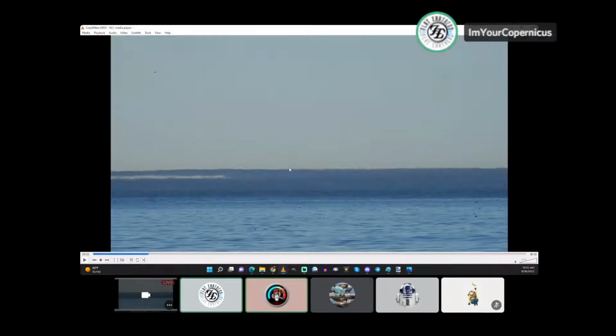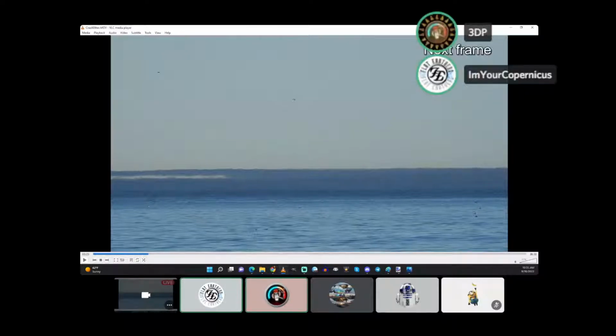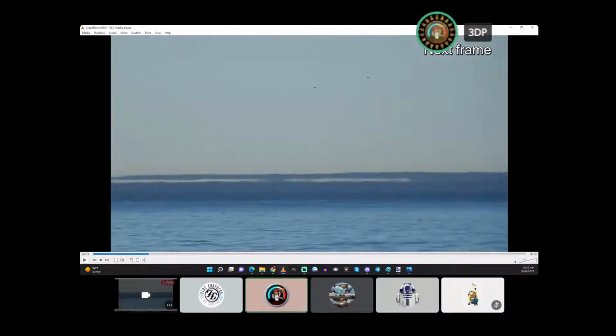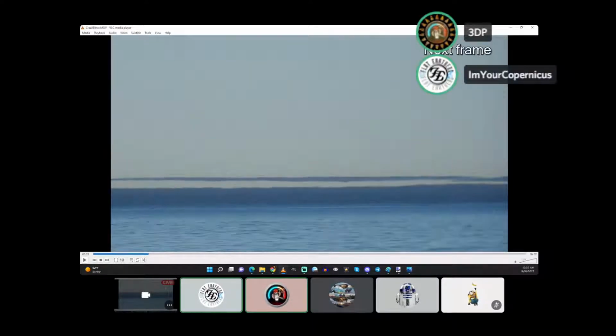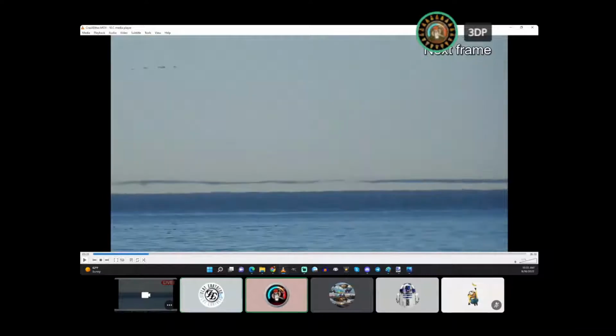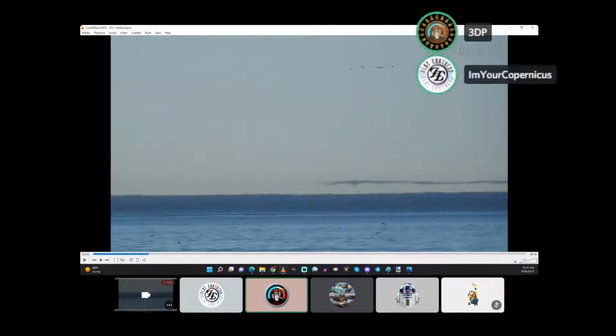Here's the new horizon. Okay, let's see if I can go through frame by frame a little bit. See how the new horizon is disappearing and the old horizon is lower? See how the horizon is not here?